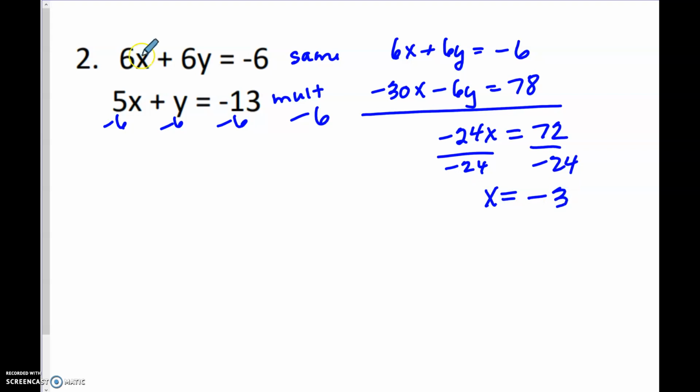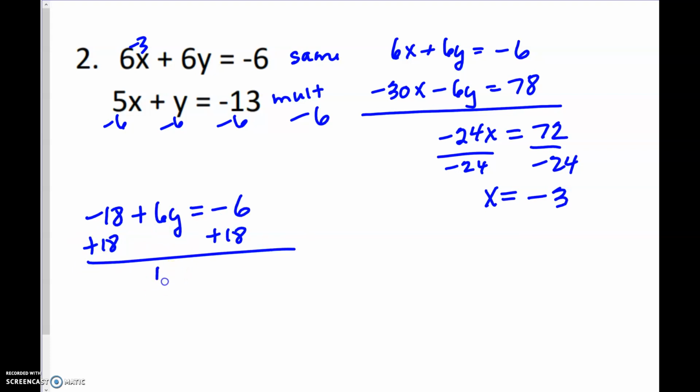All right, if x is negative 3, if I put it into this top equation, 6 times negative 3 is a negative 18 plus 6y equals negative 6. So we're going to add 18. So we get 6y equals, and 18 plus 6 is 12. Divide both sides by 6. So y is 2. Negative 3, comma, 2.